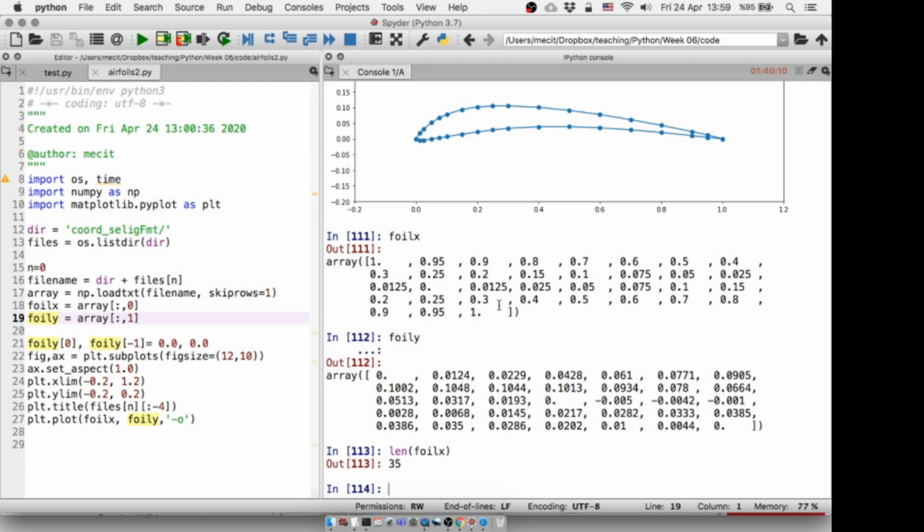So the question is, I want to find the centers of these panels. How can I do that?